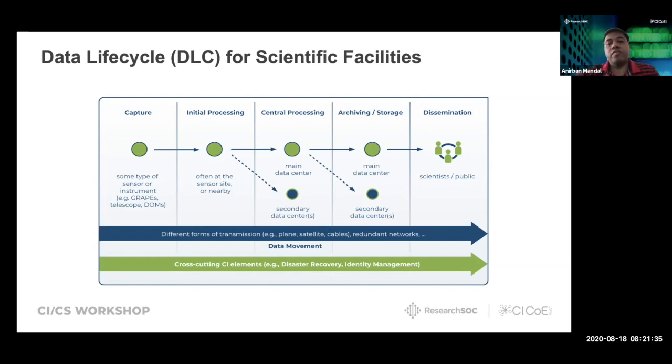So it's both from a facility perspective and from the user's perspective, right? From a facility perspective, you sometimes really want to know a trail of who is using your facility, who is accessing your data. It's also used for reporting to, say, NSF, who is supporting these facilities, right? So those concerns are also important, right?